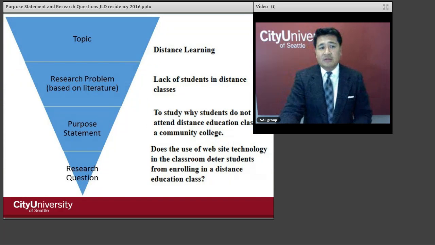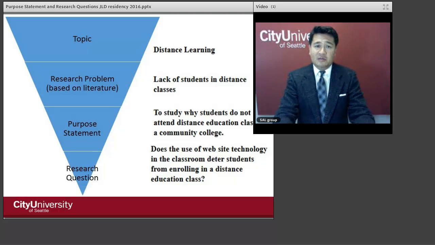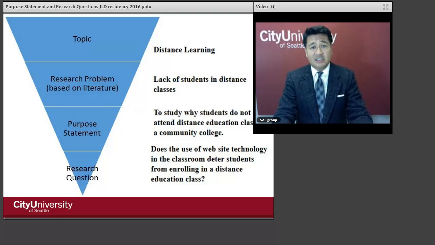Another example: let's take distance learning. That's still too broad. Well, let's look at the lack of students in distance learning. It's still distance learning, but let's look at a specific aspect. Still too broad, the lack of students. So let's narrow down a little further to study why students don't attend distance education classes at a community college.